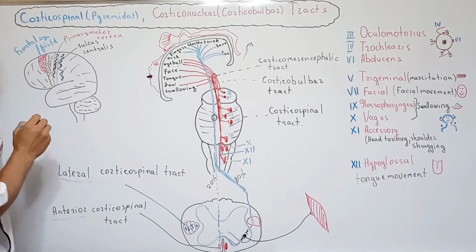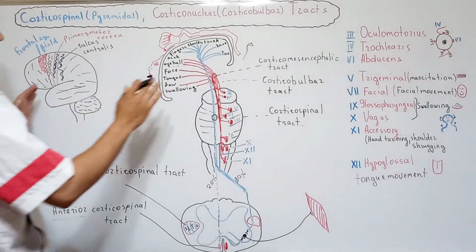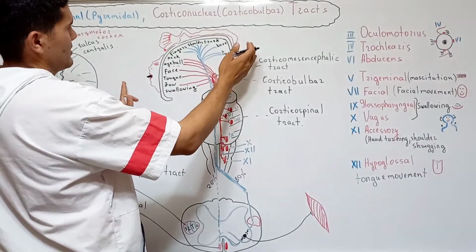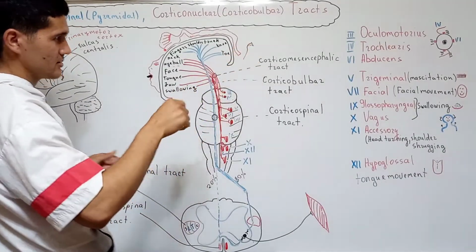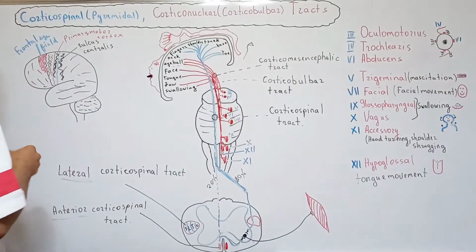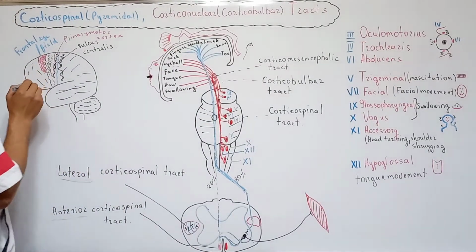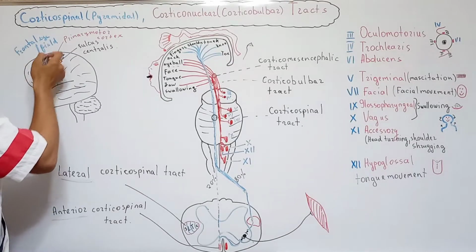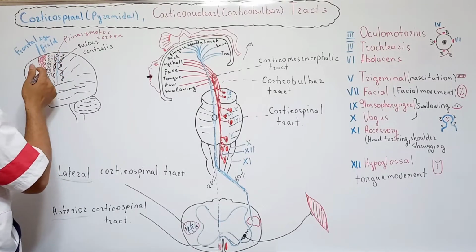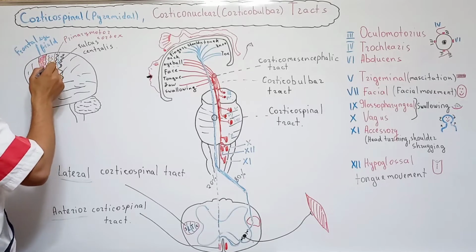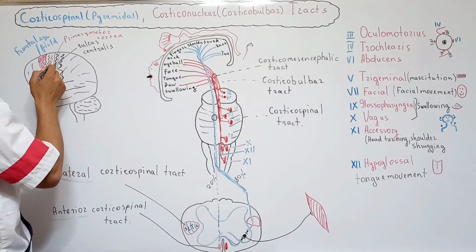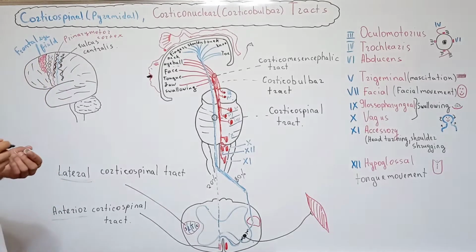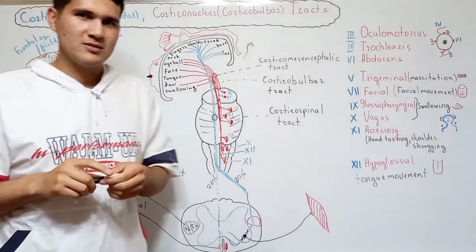In our previous lesson we talked about the homunculus. In this lesson we also talked about that, and the plus information for you in our lesson is the frontal eye field. The frontal eye field is located in the anterior part of the supplementary zone of the cortex. Okay, the frontal eye field is responsible for movement of the eyeball.